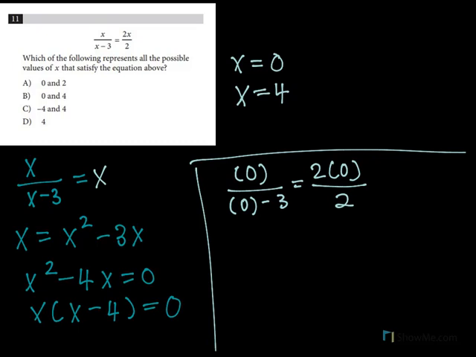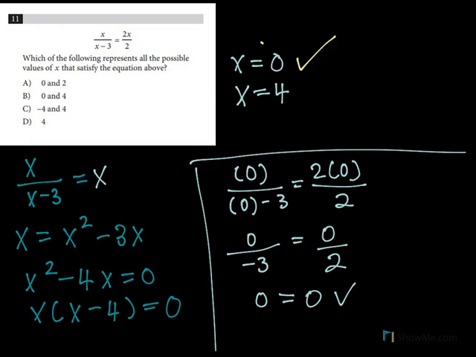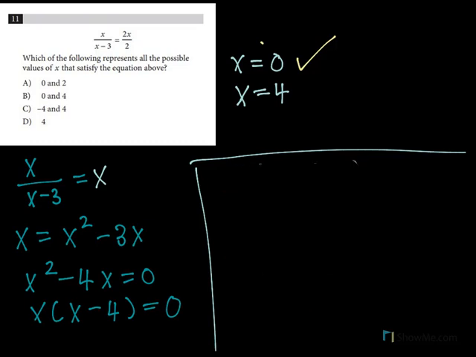So we would just get 0 over 0 minus 3 is just 0 over negative 3 and equals 2 times 0 is 0 over 2, so that would just be 0 equals 0, which is correct. So we can bubble this as correct.